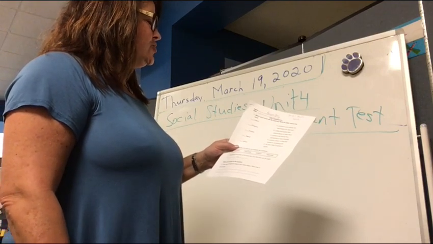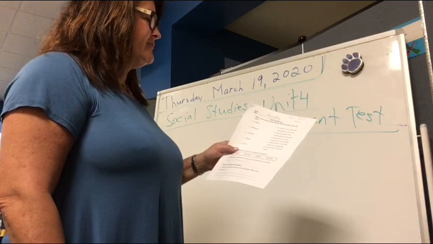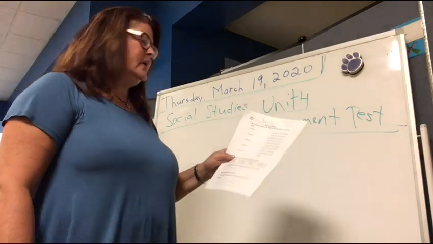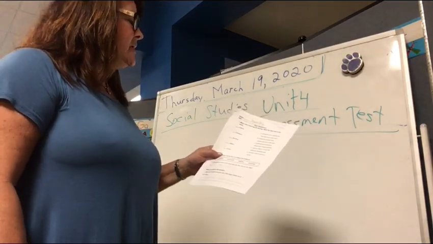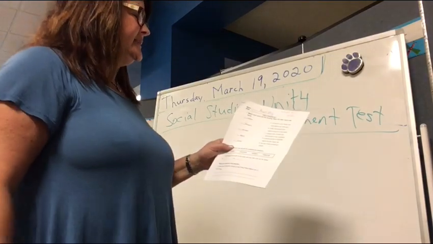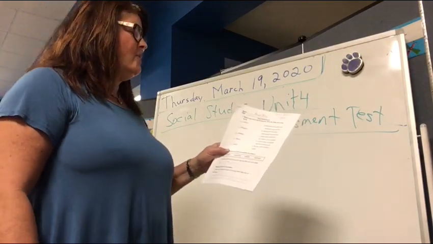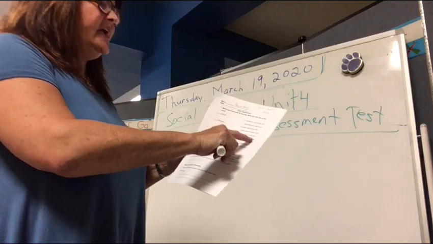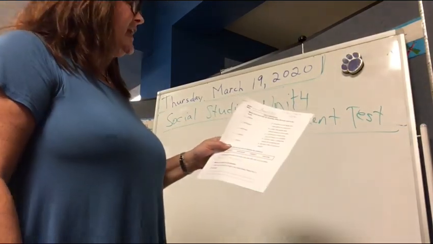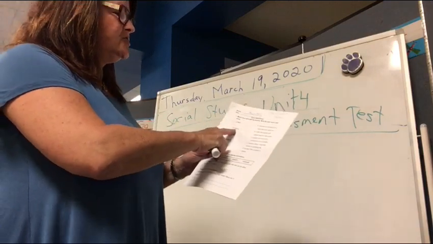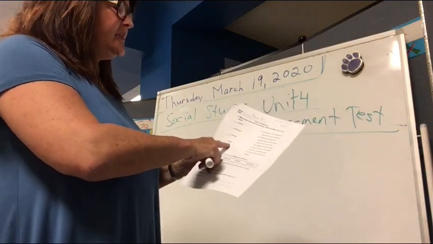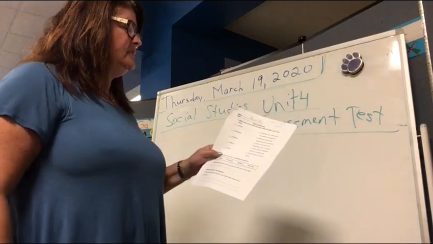Which one is a story that people have passed along for many years? C, a person who moves from one country to live in another. That is C. Again, your choices are culture, immigrant, ancestor, legend, or symbol.